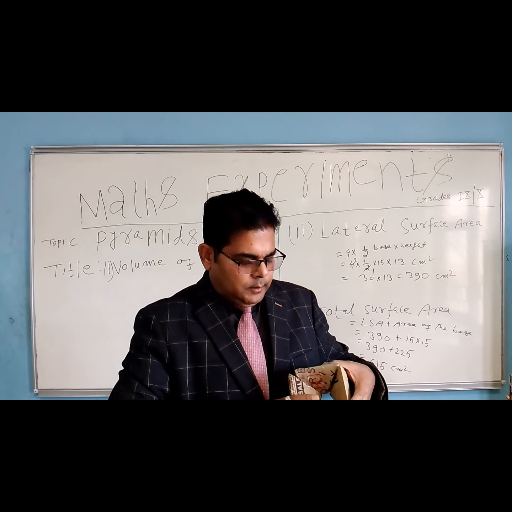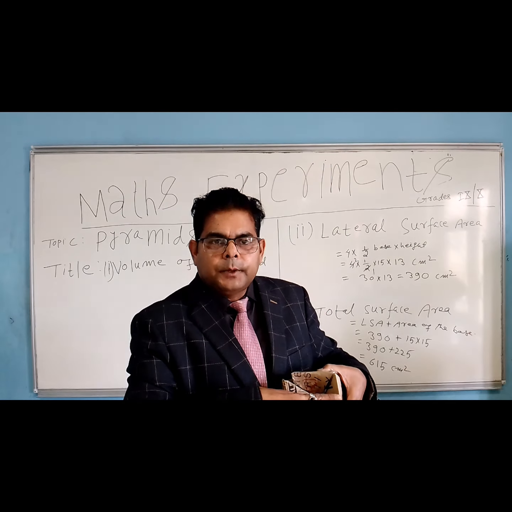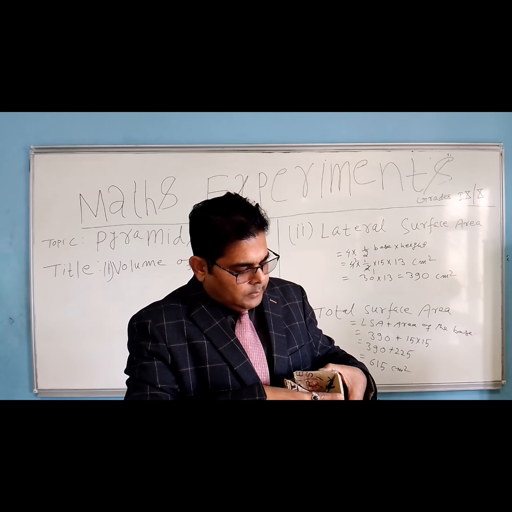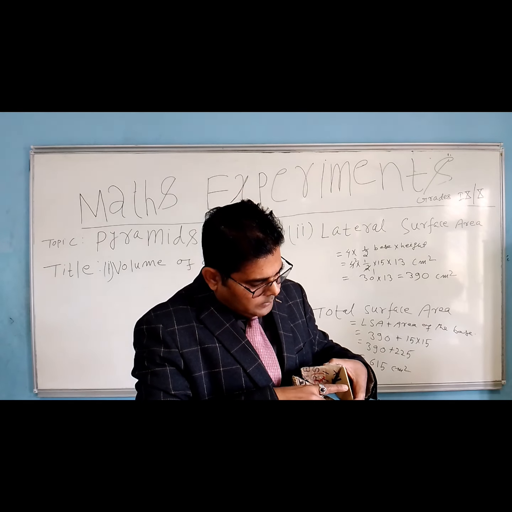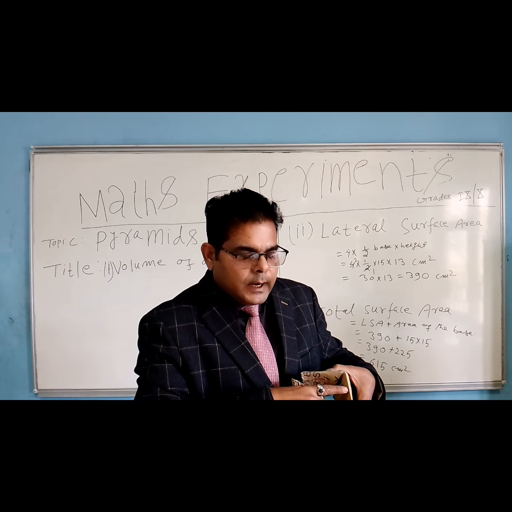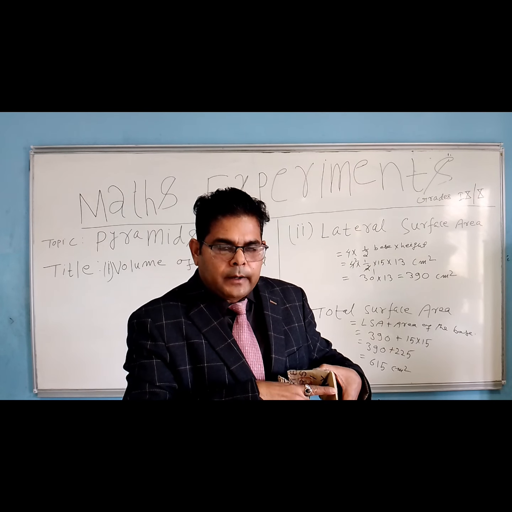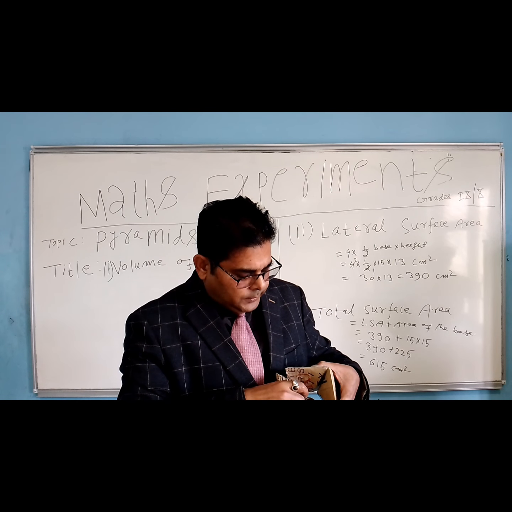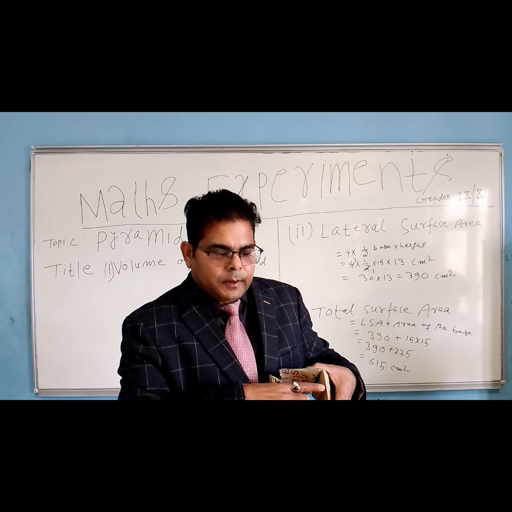You can check here that this is the length of the square, and in a single length of the square there are 2 pyramids. That means the side length of the square is double the height of the pyramid, or the height of the pyramid is half the length of this side of the cube.